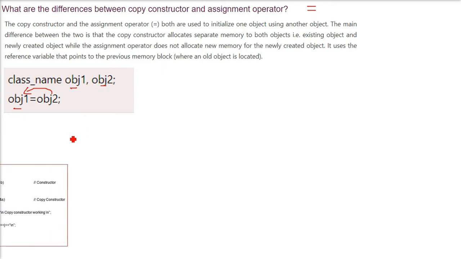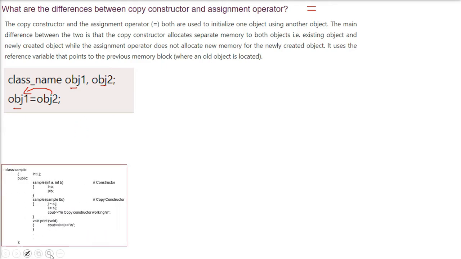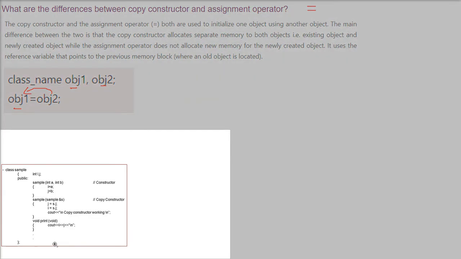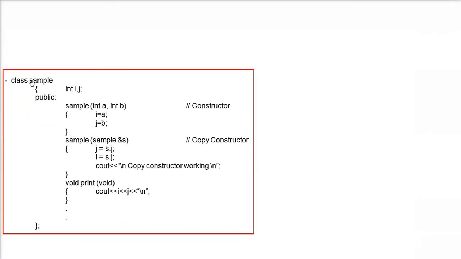Now let us take one more example. This is of the copy constructor. We have a class, let us name it Sample. Now you have a constructor here. What you are doing is taking a and b values and initializing them to i and j. That is the work of the default constructor. It takes the values and initializes them to i and j, which are the member variables of the class. The copy constructor is, you have the class name again inside, that is, you are actually making an object.